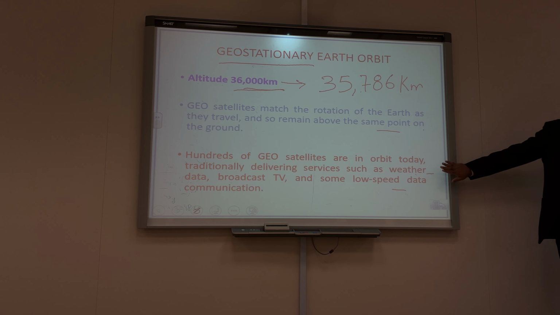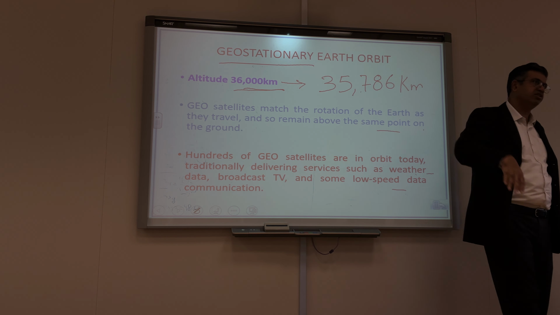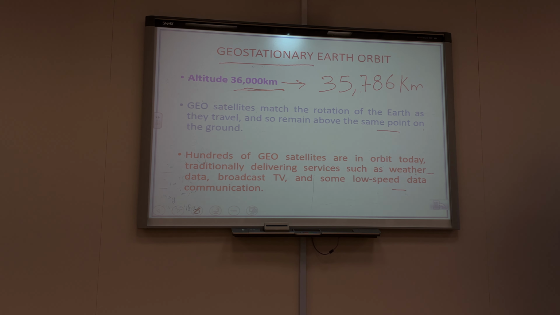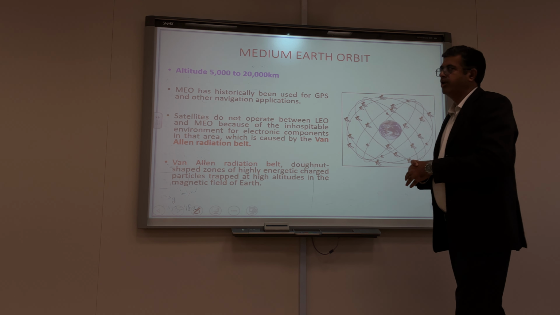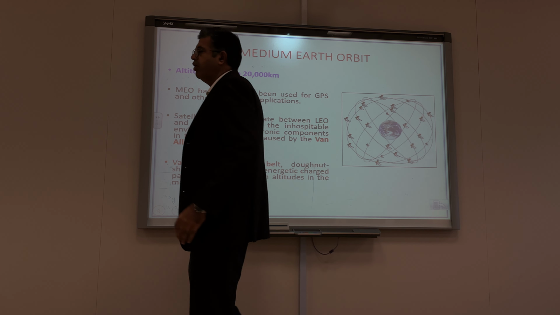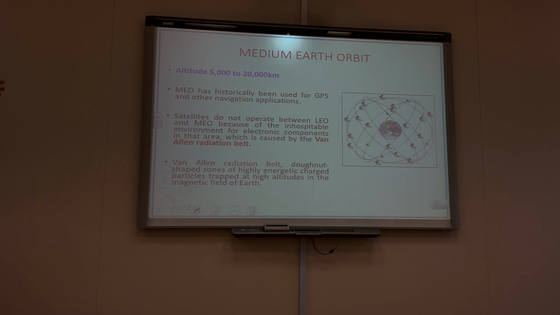And also the weather monitoring satellites. Why the weather monitoring satellites are placed in the geostationary orbit, we will see later on. Okay? Then coming to the medium Earth orbit, which we call MEO. MEO has altitudes between 5,000 to 20,000 kilometers.